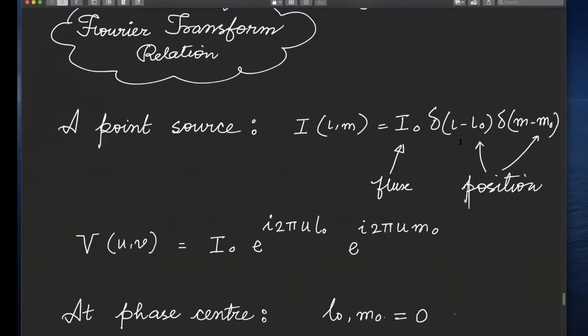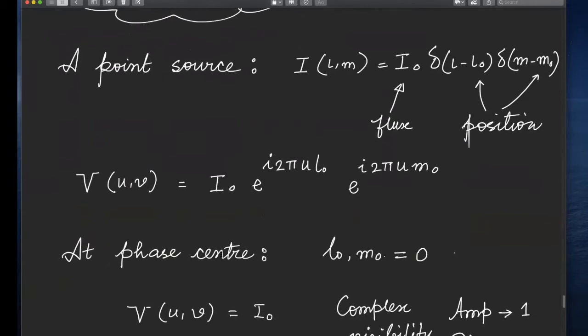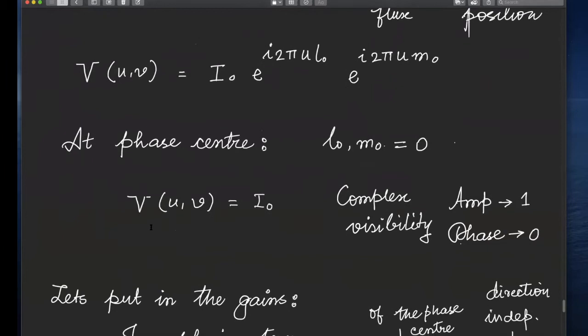Now the point source, if the position of the point source is at the phase center where the antennas are pointing, which means L0 and M0 are 0, remember that at the phase center, all that you have is n, the line of sight direction. Then your visibility is just I0.